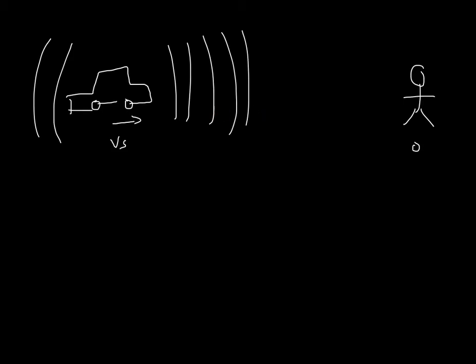Now what I'm going to do is calculate the wavelength that this observer measures. I'm going to call it lambda observer, as opposed to lambda source, which is the wavelength that this guy would measure. Now the lambda of the source is just c, the speed of sound, times the period.